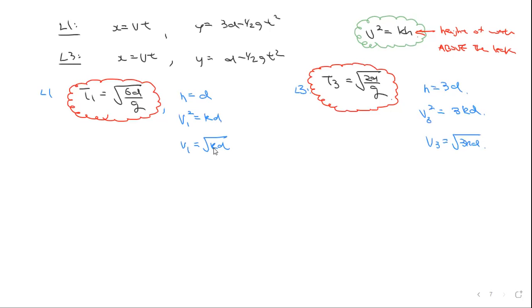We would then need to find the horizontal range. So x1 would equal v1 times t1, which is root kd times root 6d over g.